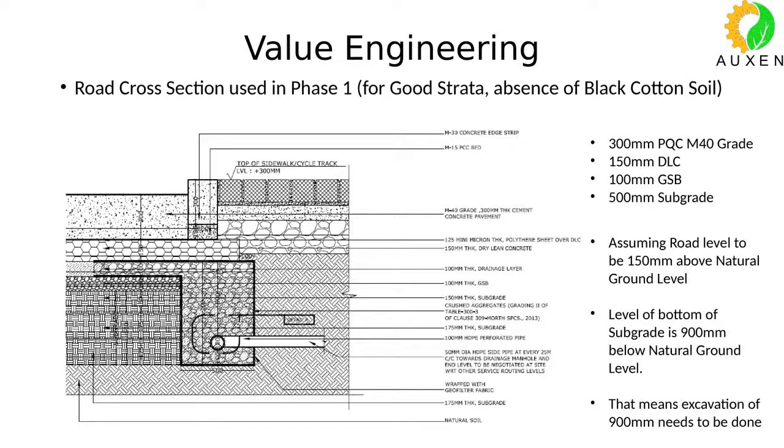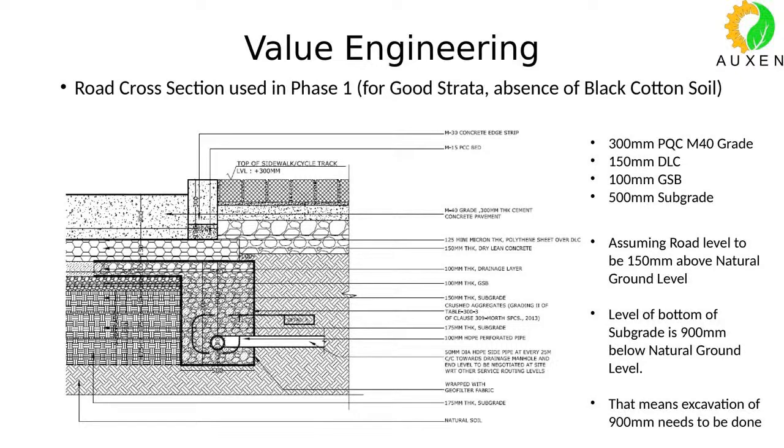So they had provided 300 pavement quality concrete, M40 grade, that is quite a substantial grade. 150 DLC, DLC means dry lean concrete. 100 GSB, granular sub base, and a 500 subgrade. So this is the strata that they provided, where you have a 600 to 800 black cotton soil.